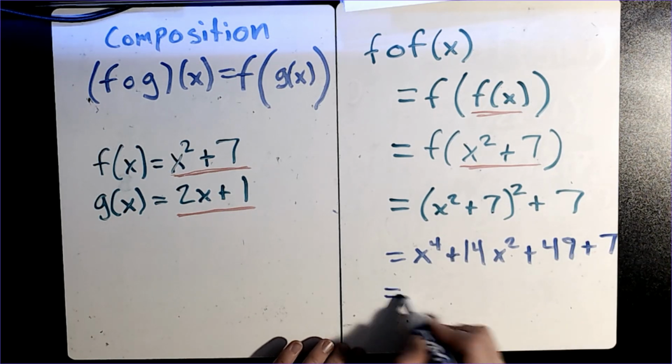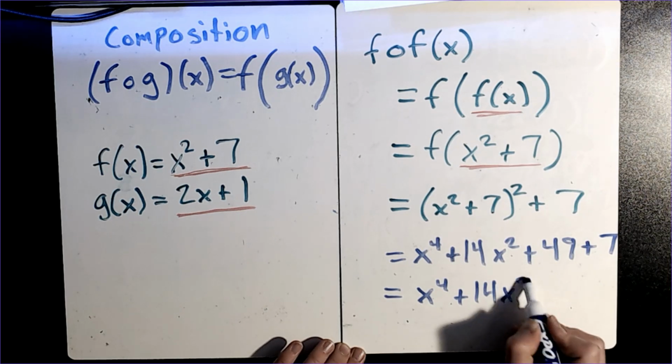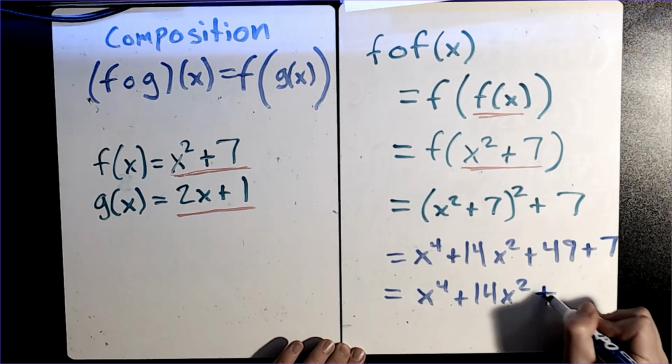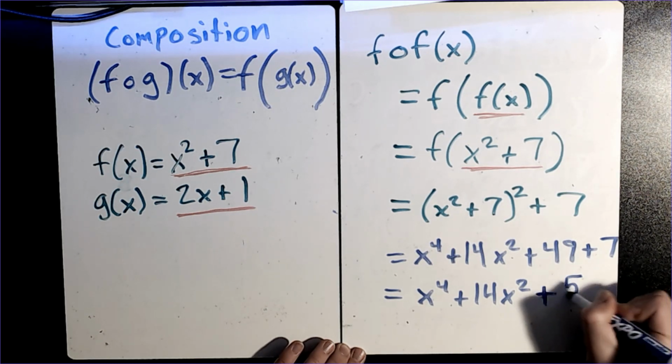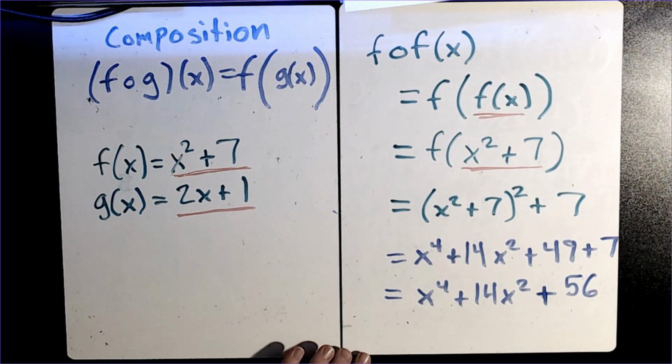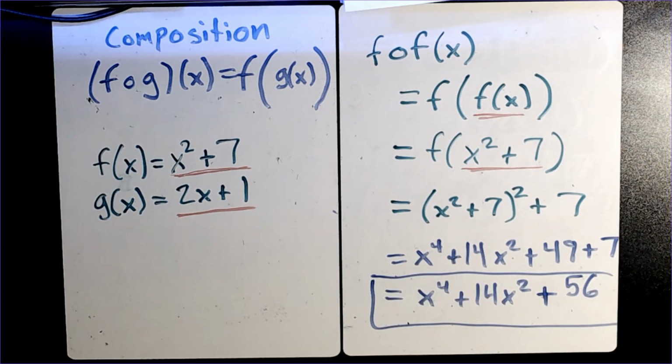So x to the fourth plus 14x squared plus, 49 plus 7 is 56. Okay, that would be your answer there. If it's too messy, I wouldn't distribute it out, but if it's a square, you could do that. If it's a cube or anything higher, I wouldn't distribute it out, okay?